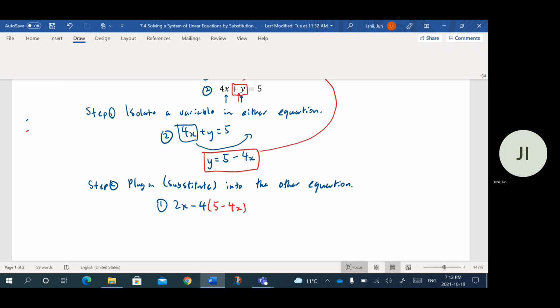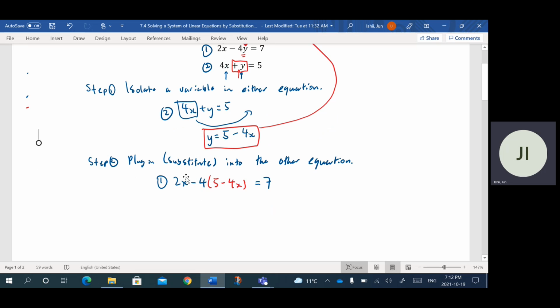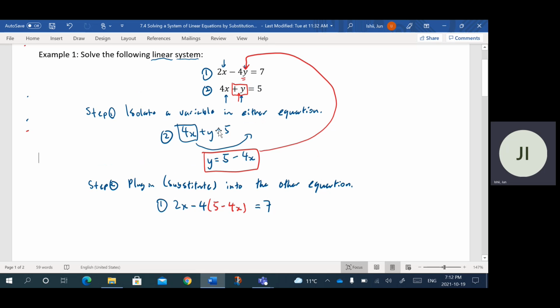And to complete this equation, this is going to equal 7. Let me take a second to see exactly what happened here. We took the 5 minus 4x, which we got from the second equation, and replaced the y in the first equation with that expression, 5 minus 4x.